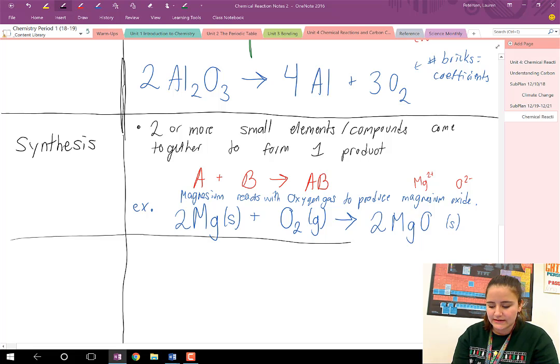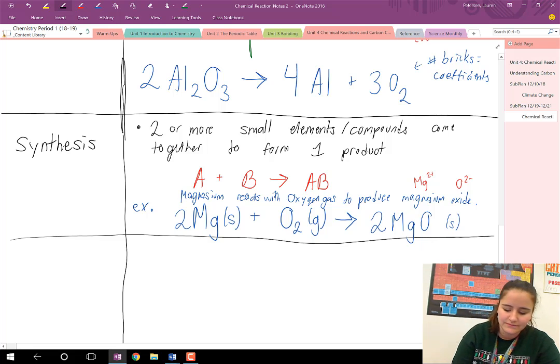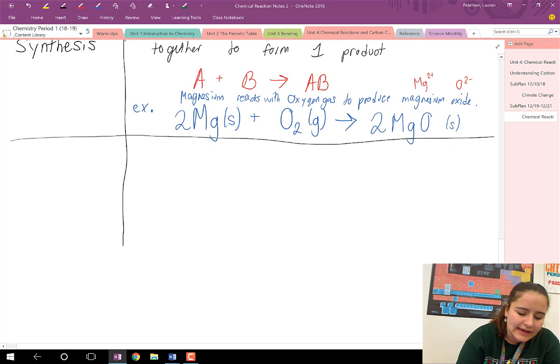Next, the opposite of a synthesis reaction is a decomposition reaction.